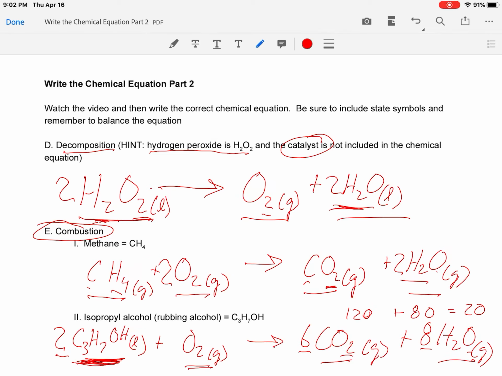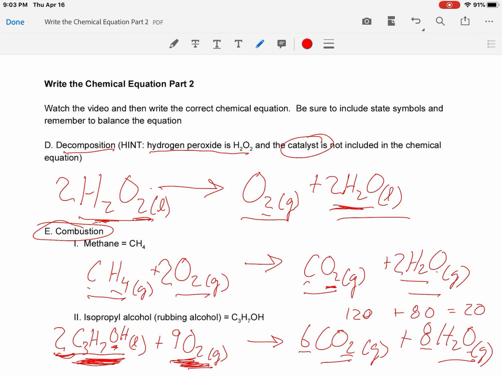And so to get 20 oxygens on the reactant side, well, remember, I've already got 2 here, right? 2 in front times this 1 here. So I've got 2 right there, which means I need 18 more from this guy right here, which means the coefficient here is actually a 9.